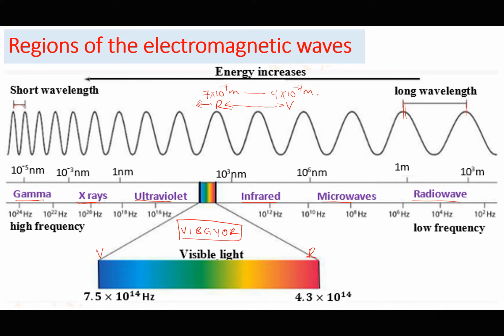After red, we have infrared. So on this side we have radio waves, microwaves, and infrared, because here we have the visible spectrum. After the visible spectrum, we have ultraviolet, we have X-rays, and we have gamma rays.